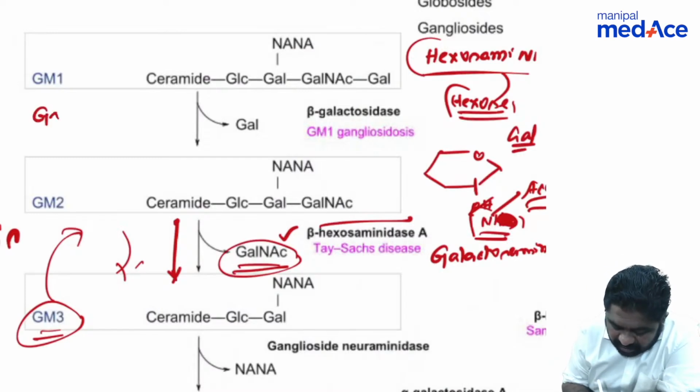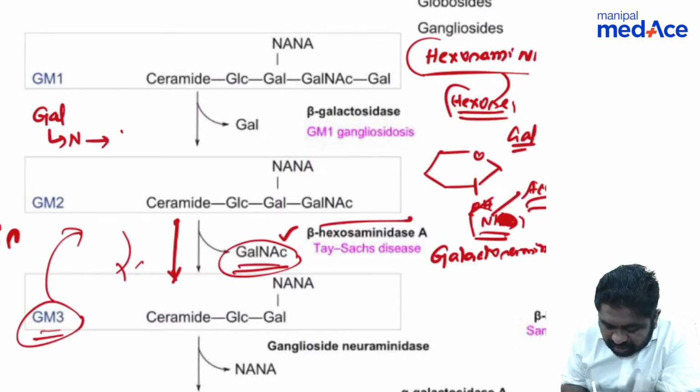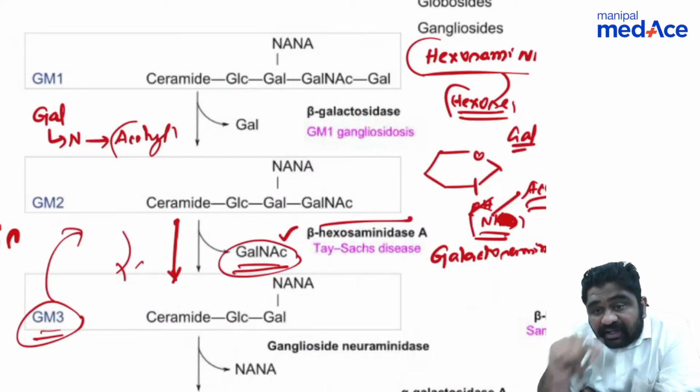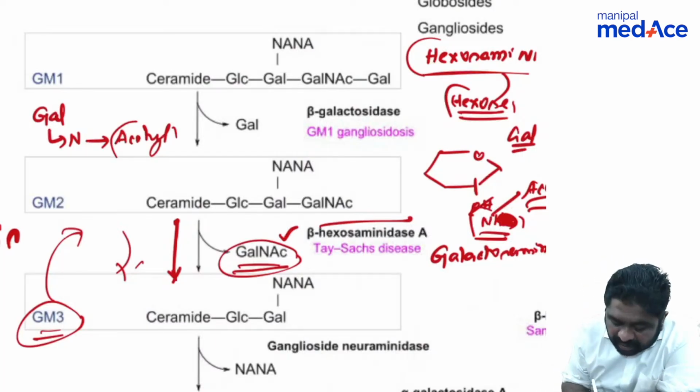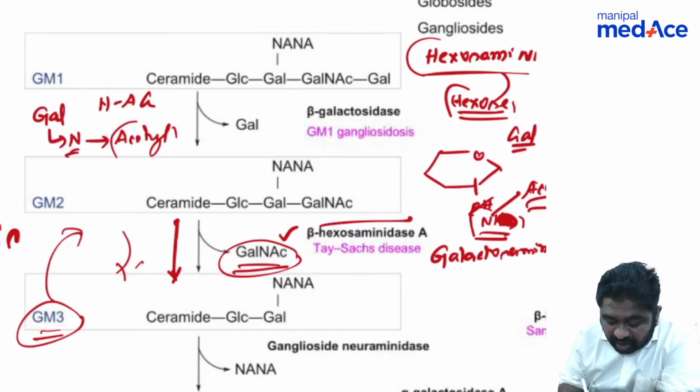We have a galactose. The galactose is containing a nitrogen. To that nitrogen, I'm adding an acetyl group. So where is the acetyl group added? To the nitrogen. That is why I write it as N-acetylated galactose. But is it just galactose? Because of the presence of nitrogen, it is not just galactose, it is galactosamine.